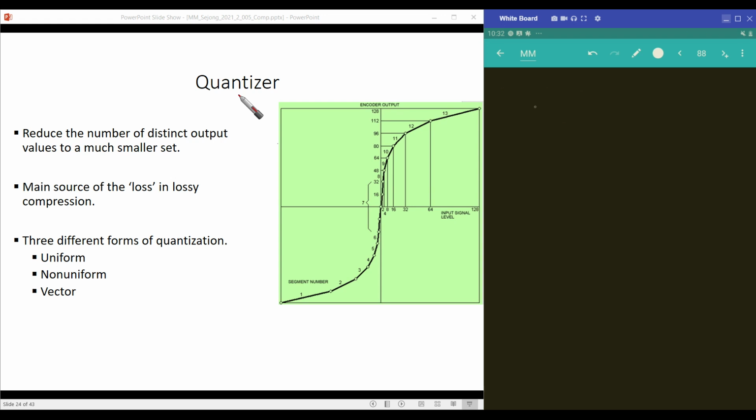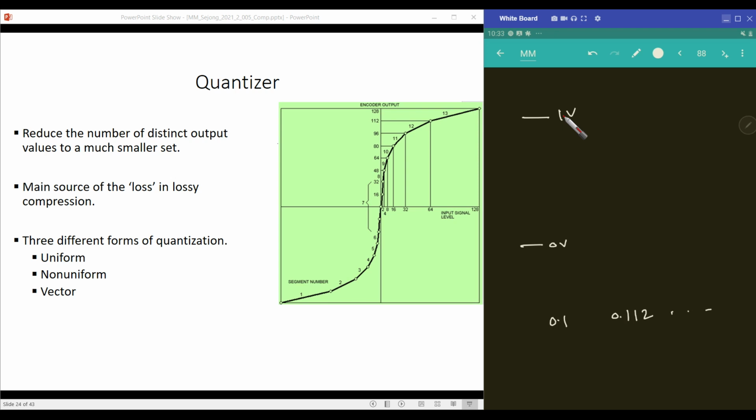Let's say our information comes from a real analog source. Let's say the minimum is 0 volt and the maximum is 1 volt. It might be volts, it might be millivolts, but let's say it is a number from 0 to 1. From the source, it might take any value from 0 to 1. It might take 0.1, it might take 0.112, any value.